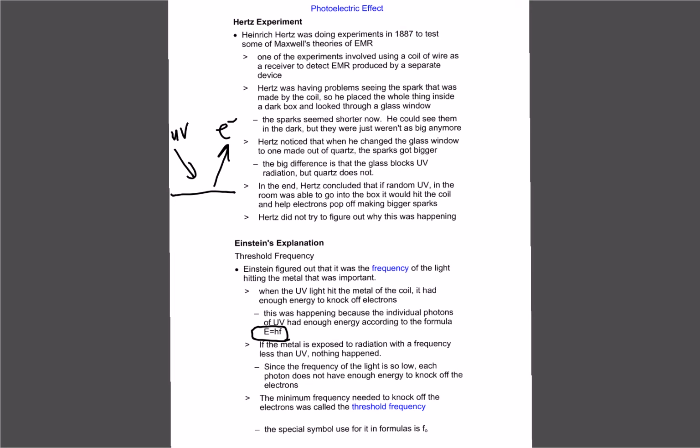And if it has enough energy, the electron would leave. So he said the key to this is having the right frequency. The threshold frequency, which we symbolize as f0, is the key. Depending on what the metal is, it might have a different frequency than some other metal.